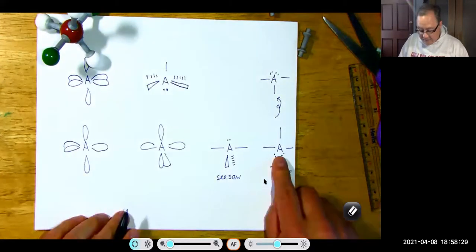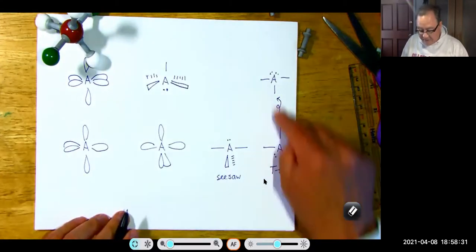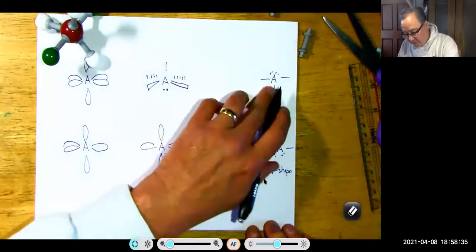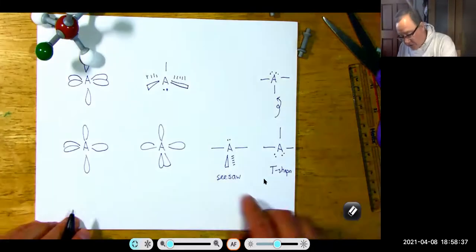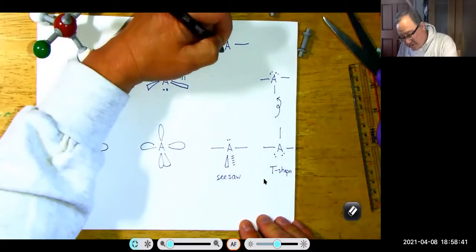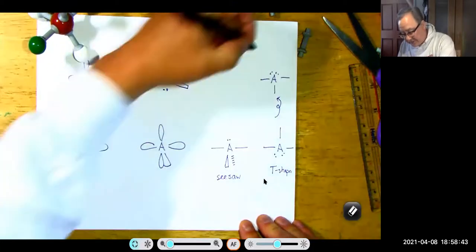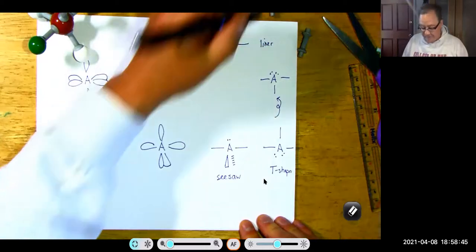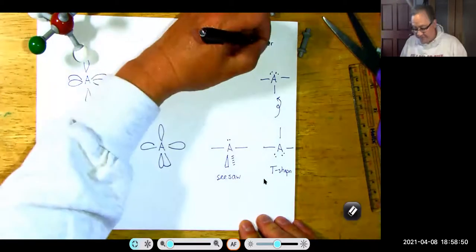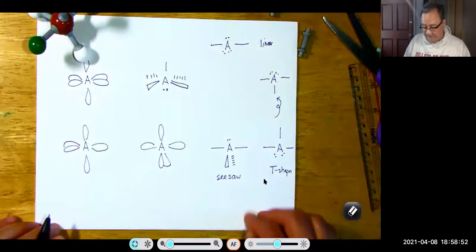Right? And you see why we call it T-shaped? Yeah. And then the last one, if you put the last pair, it's also going to go equatorial. And so here we call this linear. Linear, because they're opposite.